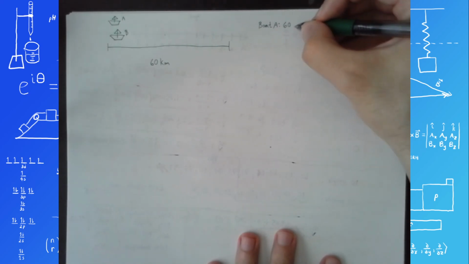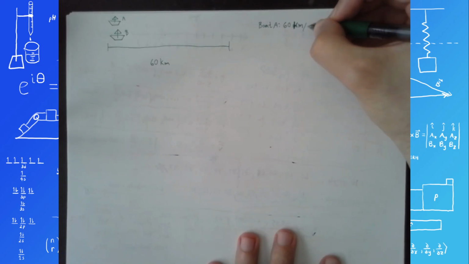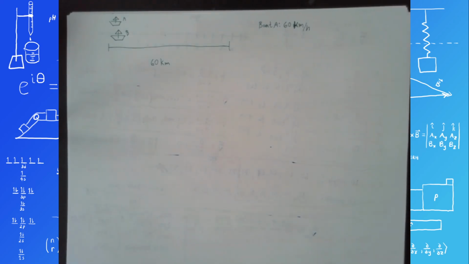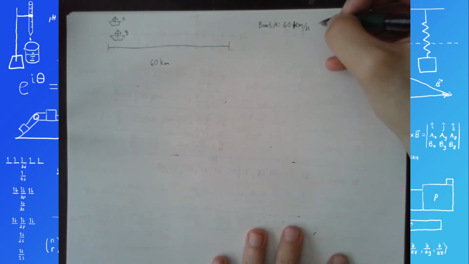So boat A goes across at a constant 60 kilometers per hour. So that's forward.